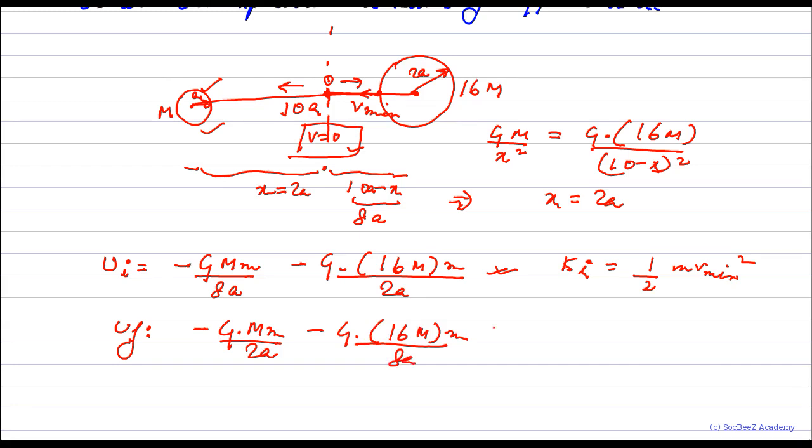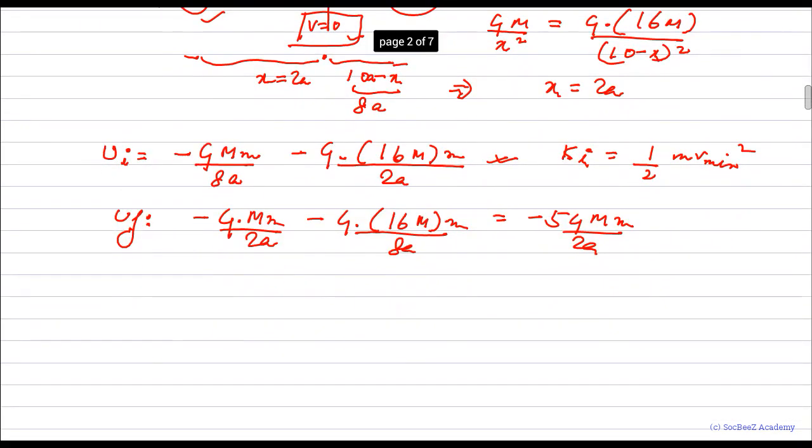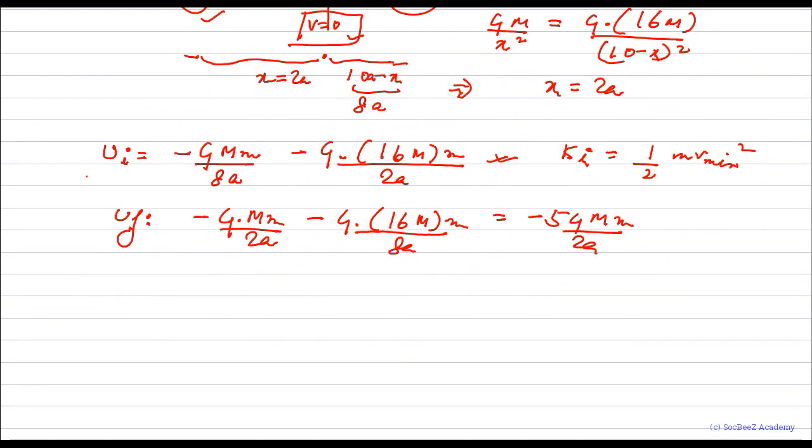So this turns out to be minus 5 G into capital M upon 2a. If I solve this Ui, I'll get Ui as minus 65 upon 8a into G into capital M into small m.